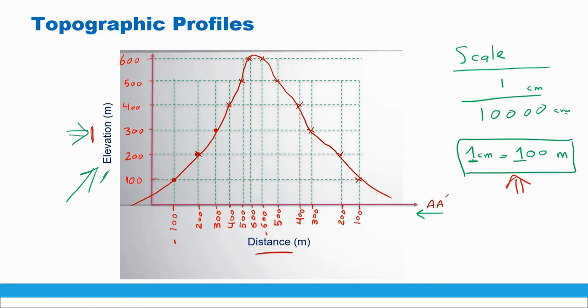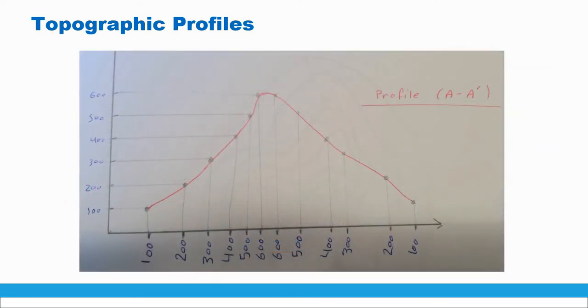So by doing that, guys, we have completed drawing the topographic profile AA prime for this set of contour lines, using a specific scale for the elevation axis, which is 1 to 10,000 in this case, which means each 1 centimeter along this axis is 100 meters on the ground. I tried to draw this on a separate piece of paper, just wanted to share this with you.